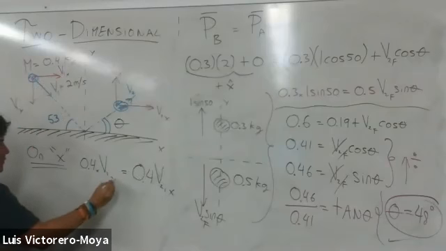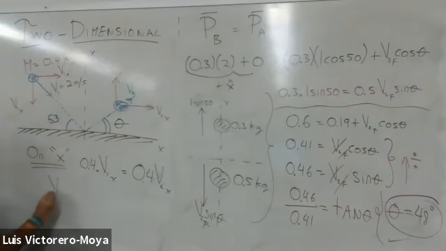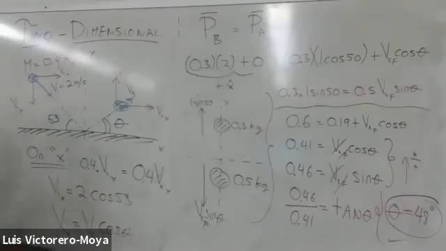So V1x is 2 cosine 53, and V2x is V2 cosine theta. There you are, that works.